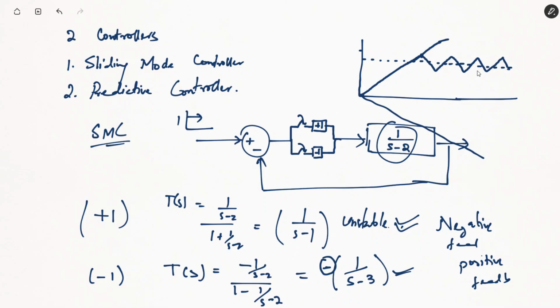The system will never actually settle at the steady state value, but because of the switching algorithm that we are using, we are switching between a positive feedback and a negative feedback. We are making the system response slide over the steady state value. It's constantly switching along the steady state axis.